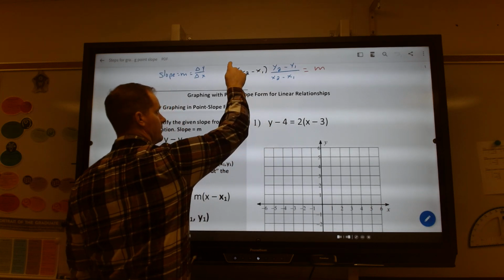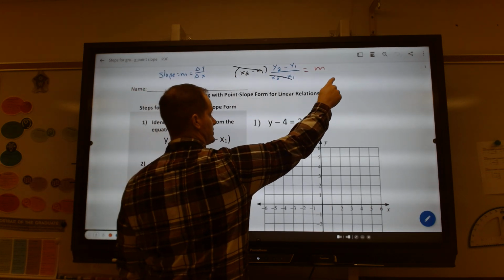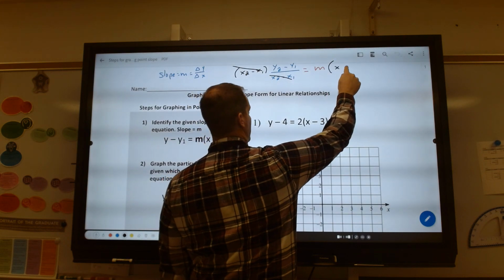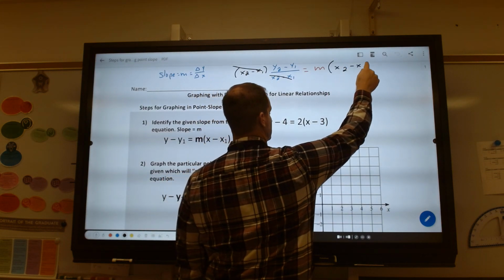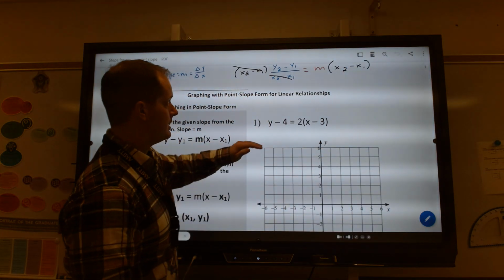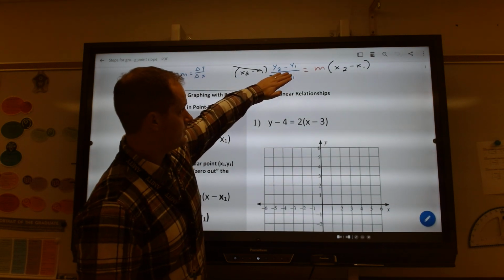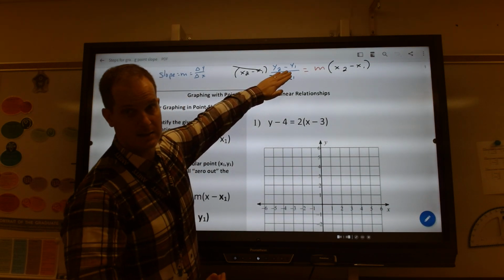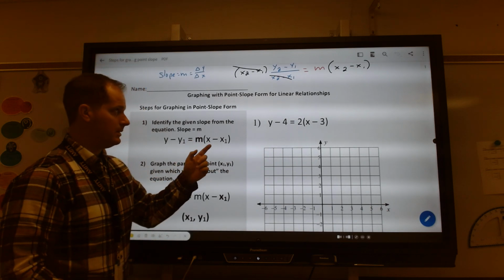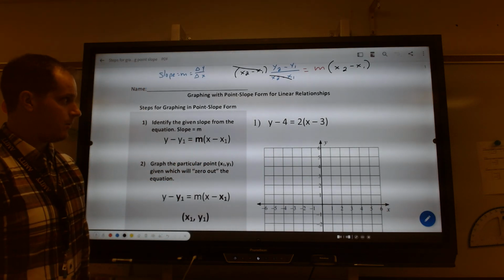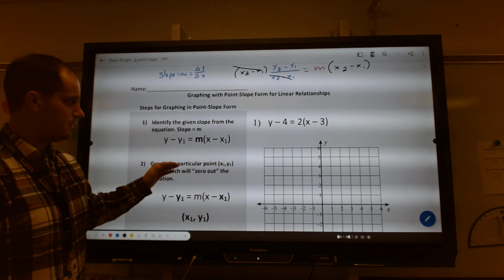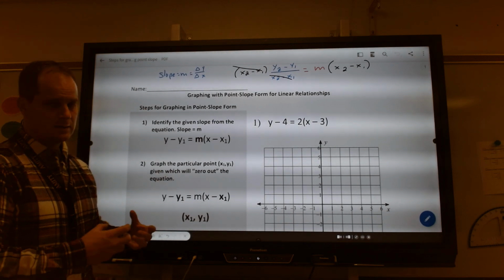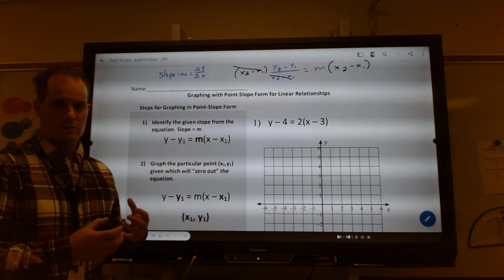If I multiply this side by that, I can also multiply this side by the quantity of x sub 2 minus x sub 1. And you'll notice that y sub 2 minus y sub 1, your change in y, is equal to m multiplied by that quantity. So that's where that comes from. It's derived. It basically is decomposing your slope.